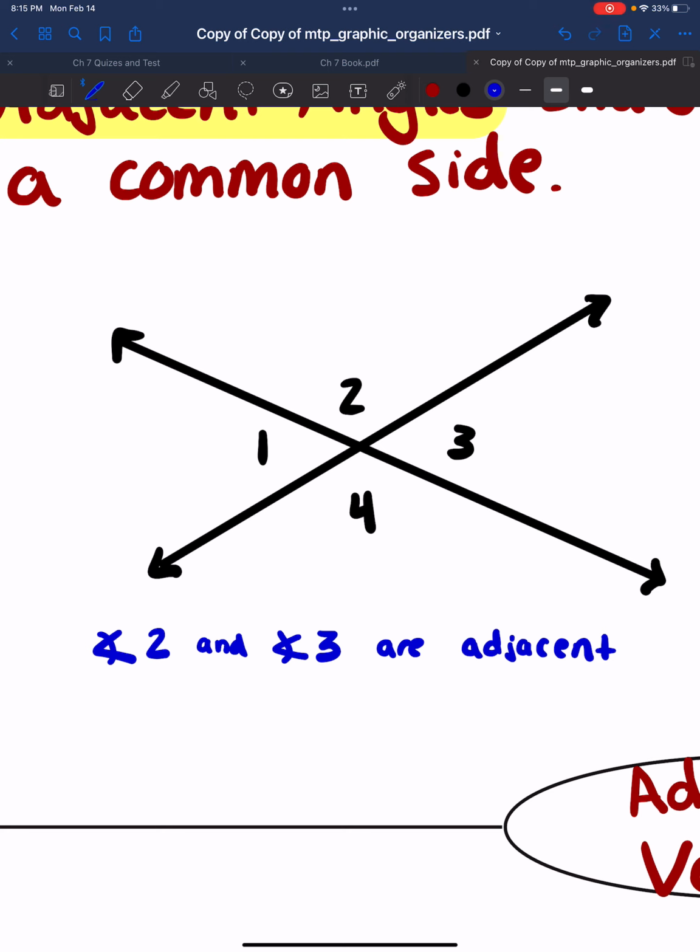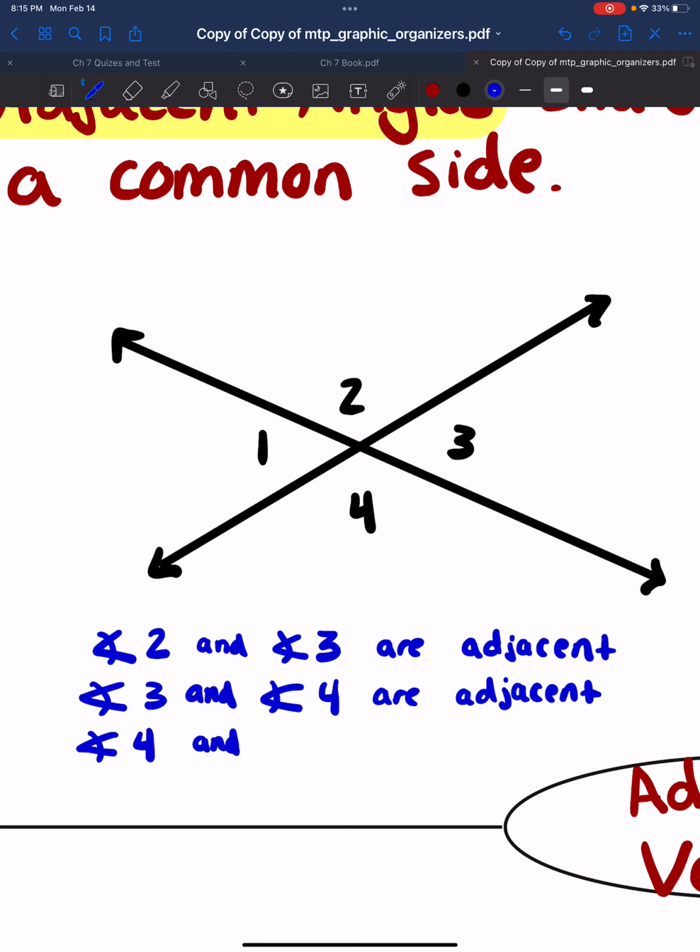Can you guys give me another one? Let's do angle 3 and angle 4 are adjacent. How about angle 4 and angle 1?